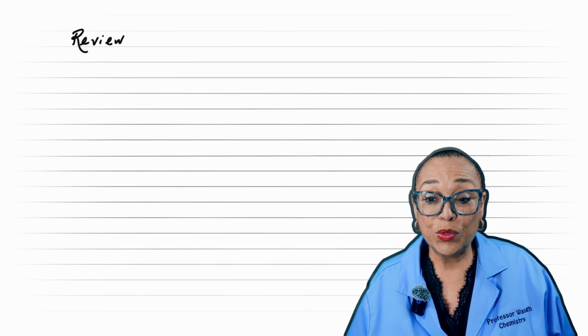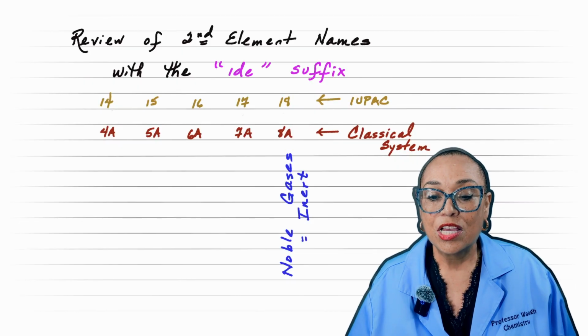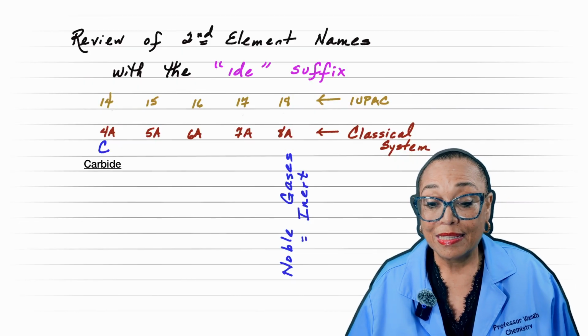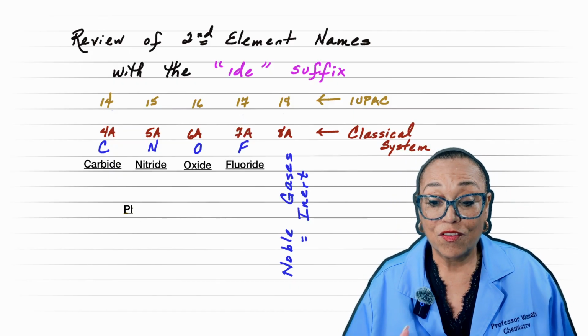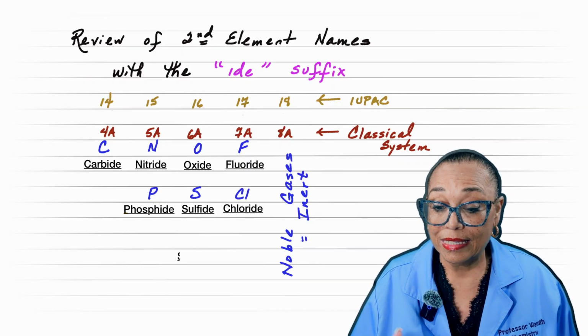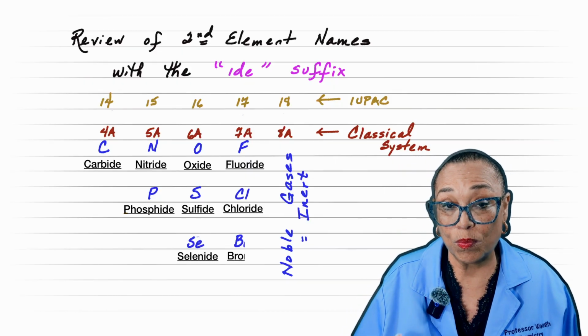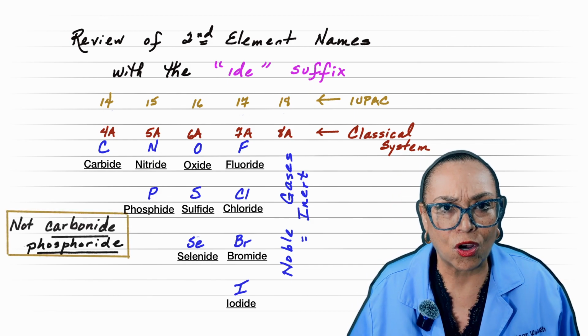Now let's review the second element names with the "-ide" suffix. So we have carbide, nitride, oxide, fluoride, phosphide, sulfide, chloride, selenide, bromide, iodide, not carbonide or phosphoride.